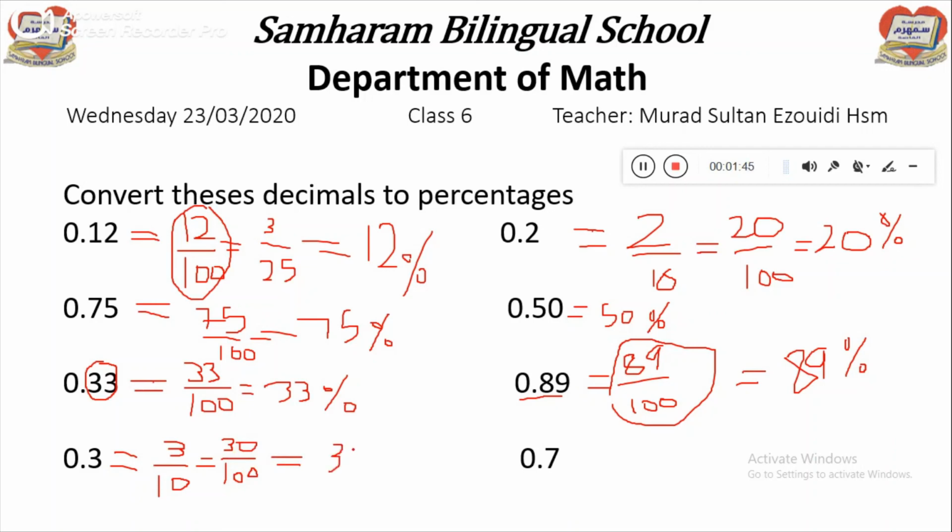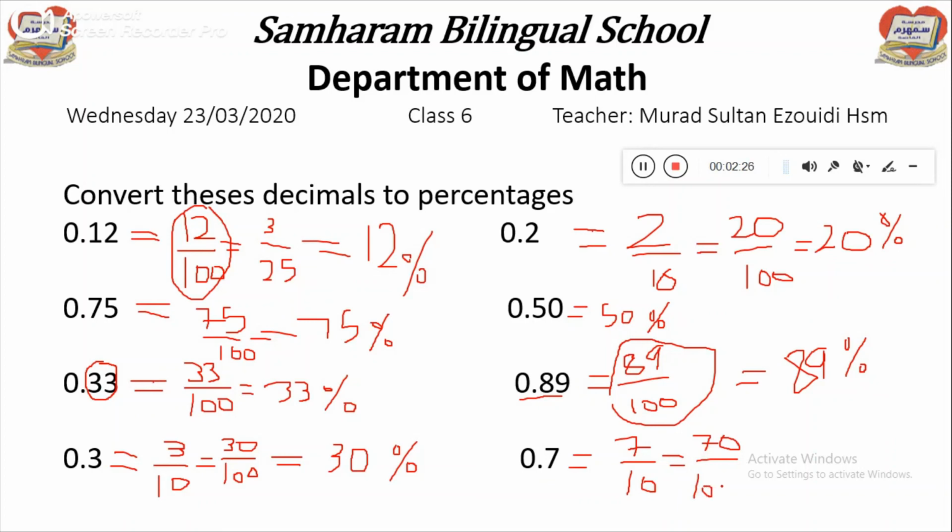I wish you got the point, my kids. How can you convert from fraction to decimal, then decimal to percentage, then percentage to decimal, and vice versa? The last example, we have 0.7. I will just write 7 divided by 10. Then I will write this as 70 divided by 100, because 7 multiplied by 10 gives 70, and 10 multiplied by 10 gives 100.